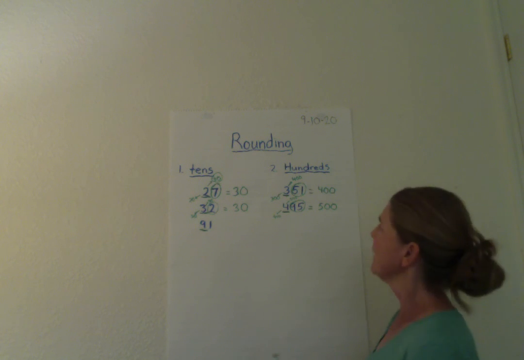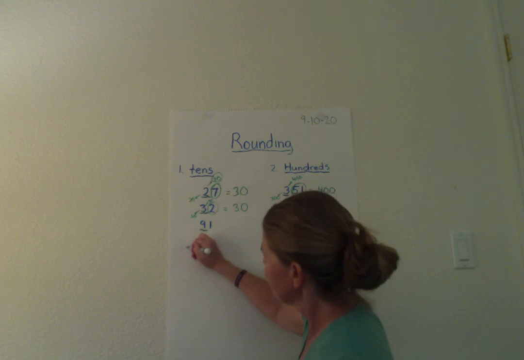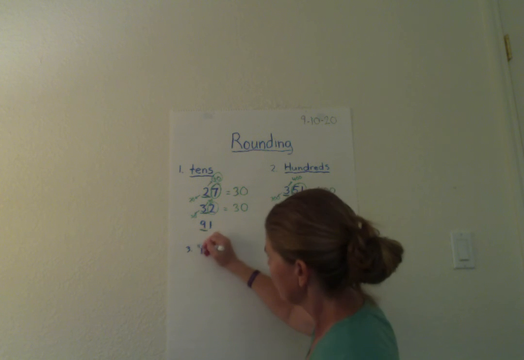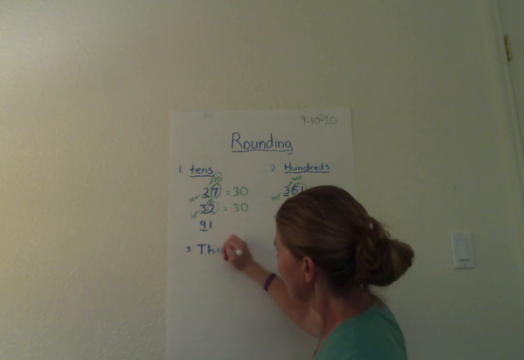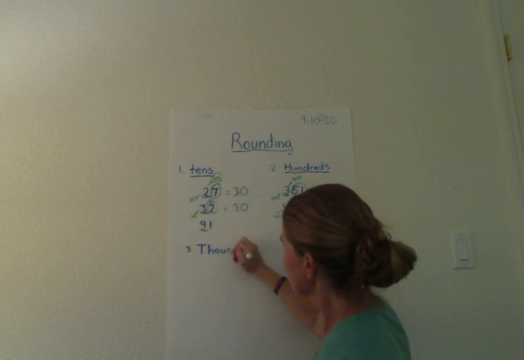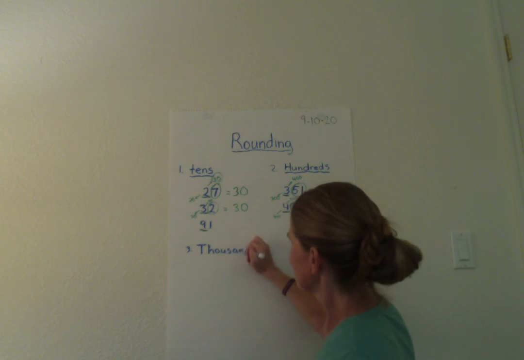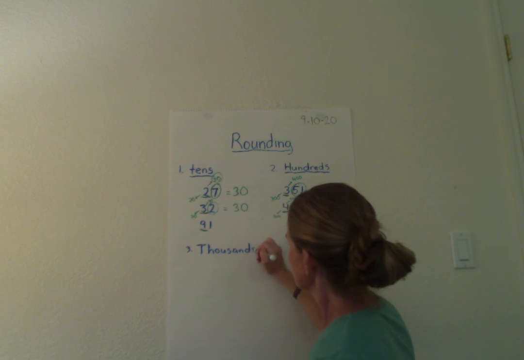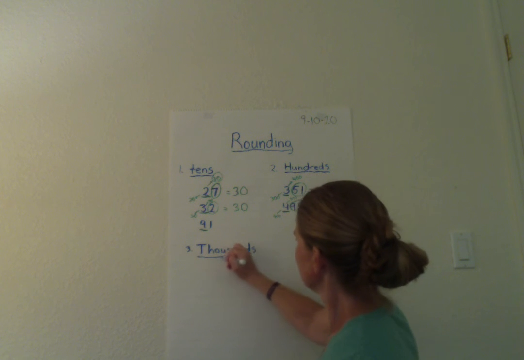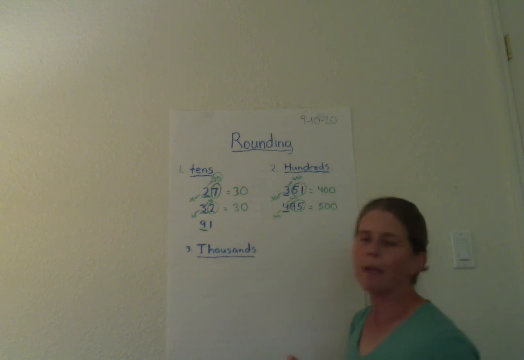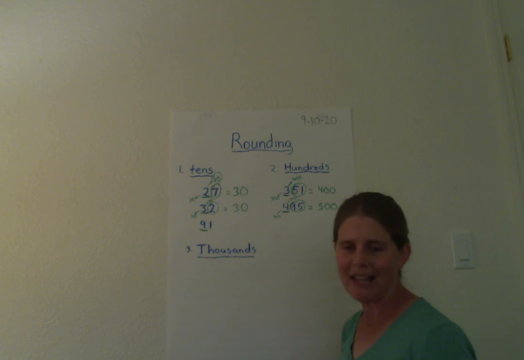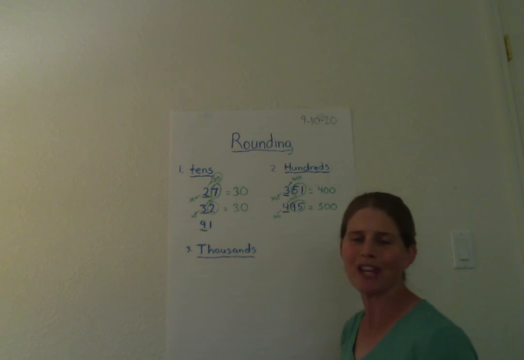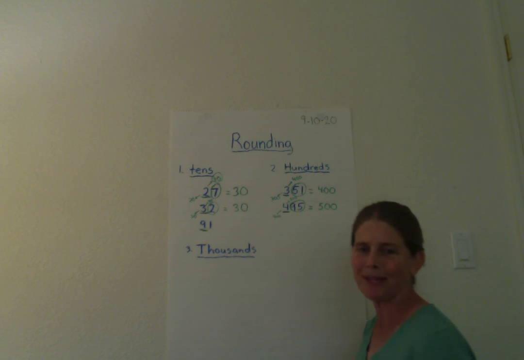I'm going down. Number 3 will be the thousands. So if you are writing examples down and you want to do this, go ahead and write thousands. We're keeping it very simple. Today in our lesson, we'll get a little bit more tricky, but I'll be there to walk you guys through it, okay?